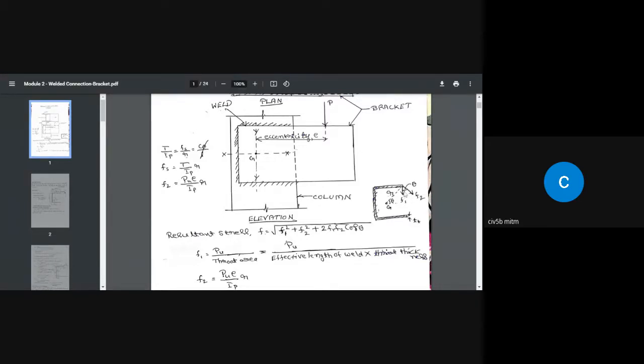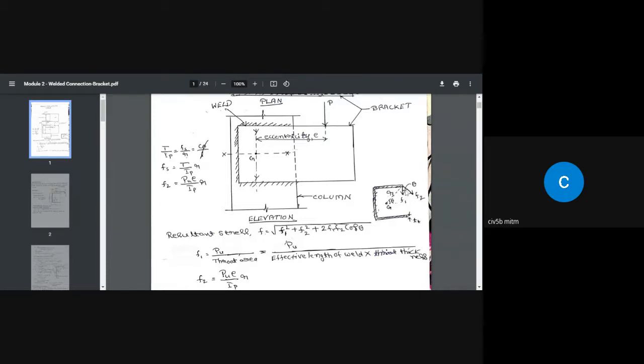And of course, theta is the angle between the force F1 and the force F2. Okay, so this area of the weld, that is the critical area of the weld, is going to be subjected to a shear stress of F1 and also a shear stress of F2.